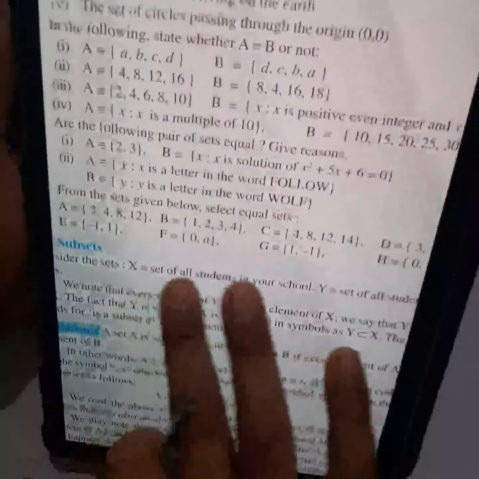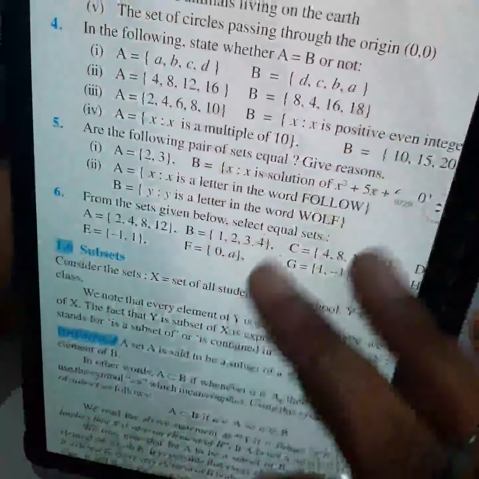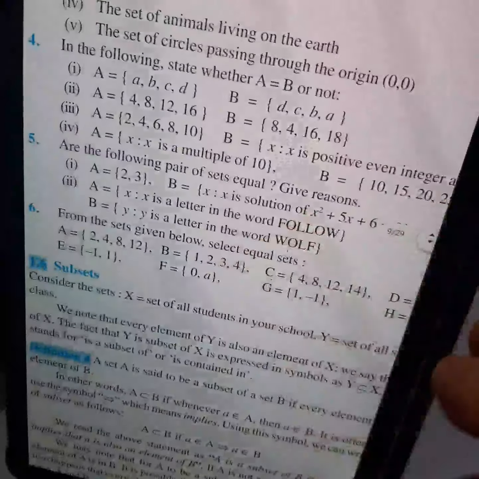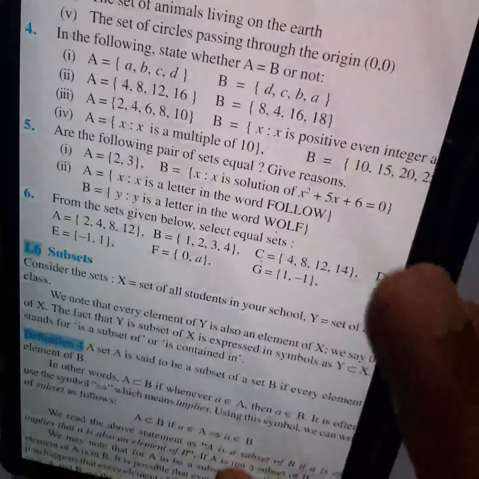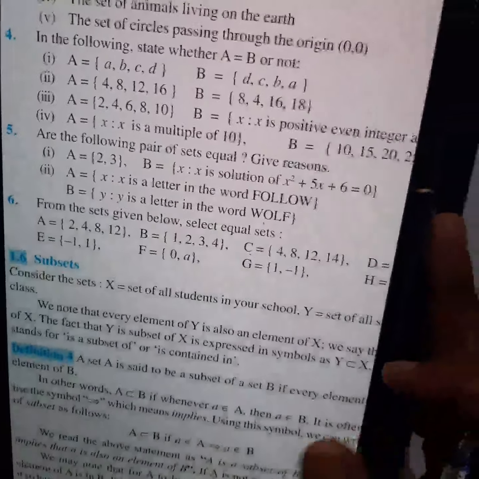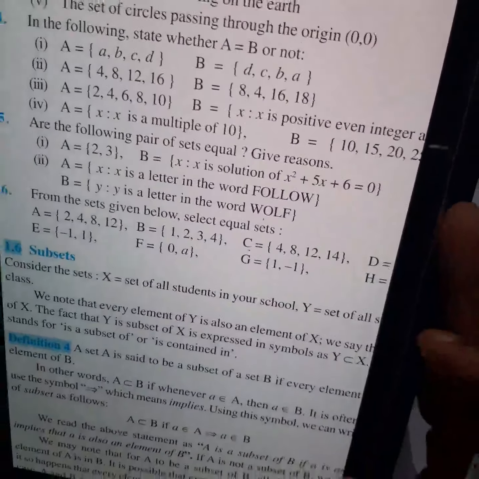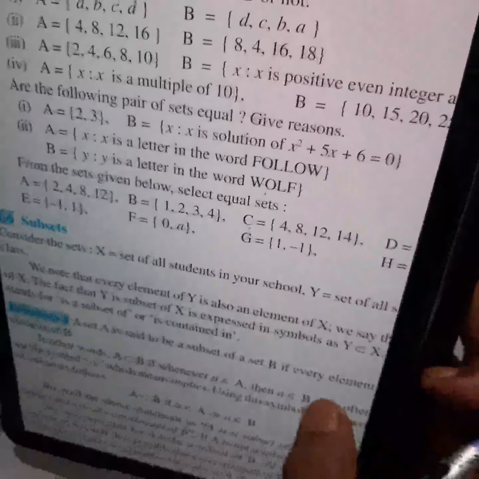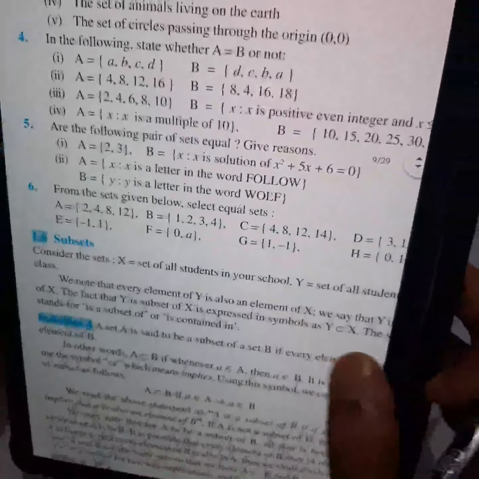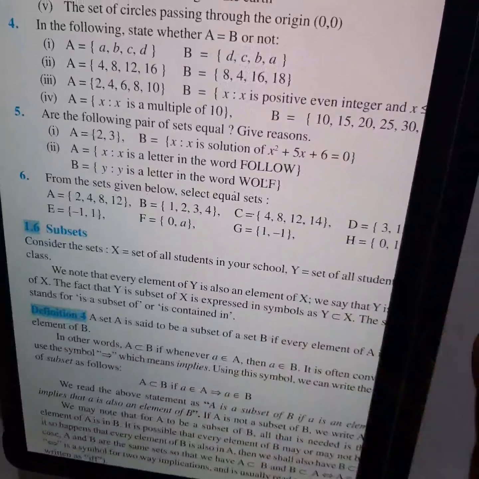Next, question number 2. I'm doing all the questions because this is the first time you are doing this, and we are trying to make our base for the upcoming chapters. If your base is not strong, you will not understand those things.